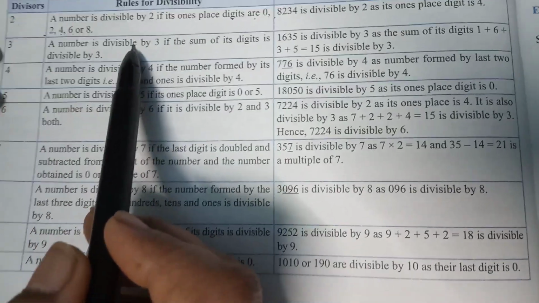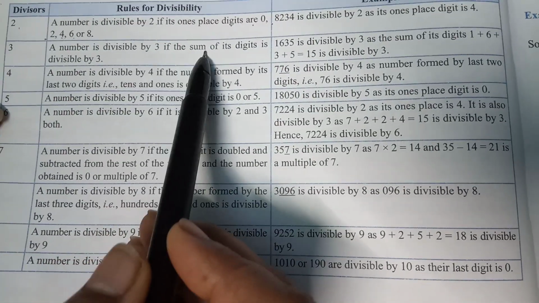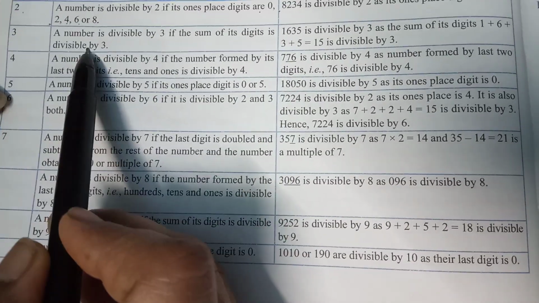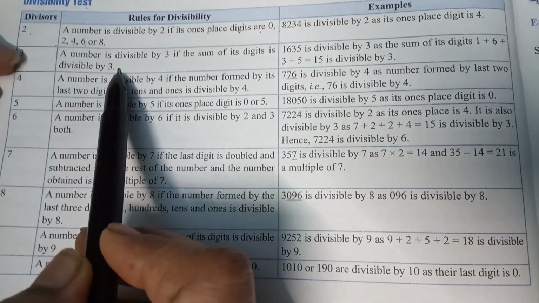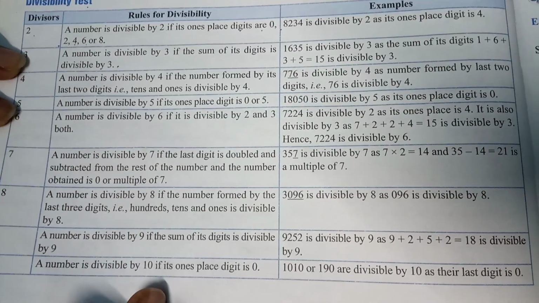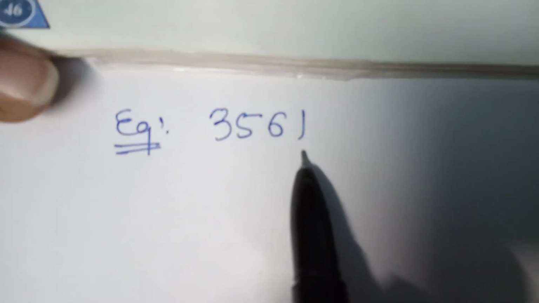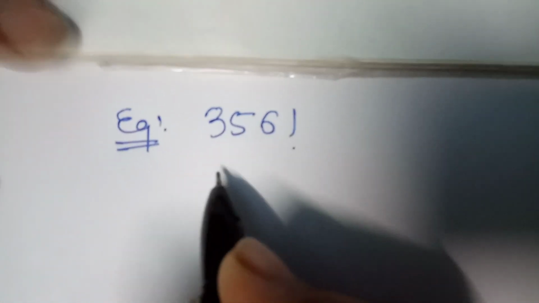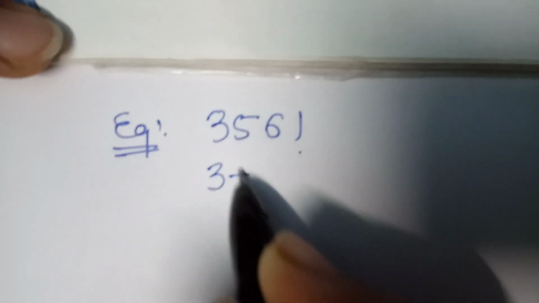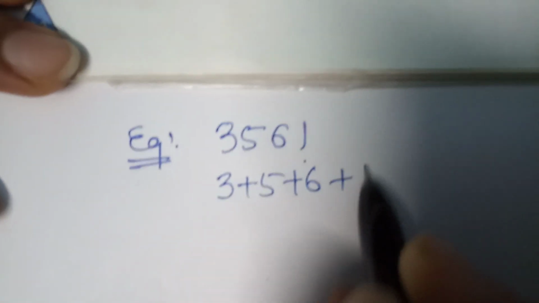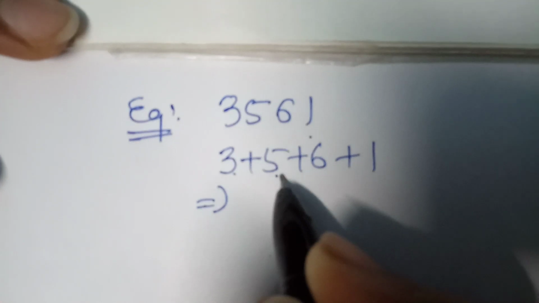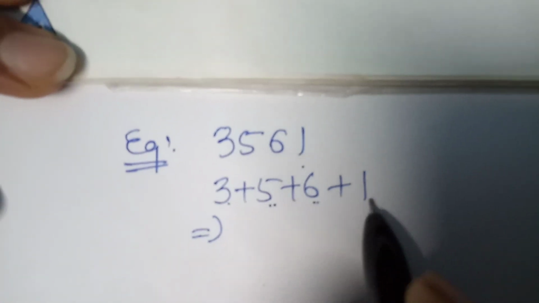Next is the divisibility test by 3. A number is divisible by 3 if the sum of its digits is divisible by 3. Right? I am taking an example: 3561, and we have to check whether this number is divisible by 3 or not. First find the sum of all digits. 3 plus 5 plus 6 plus 1. 3 plus 5 is 8, 8 plus 6 is 14, plus 1 is 15.